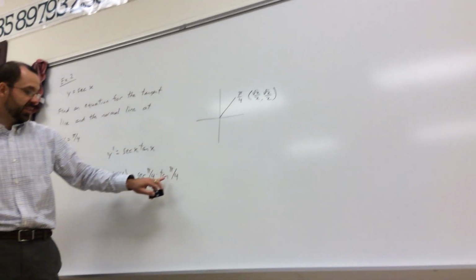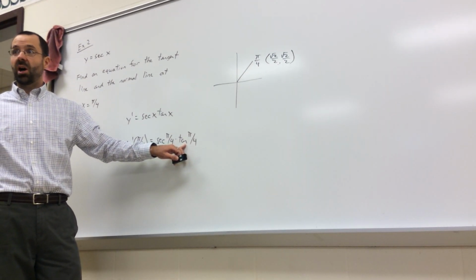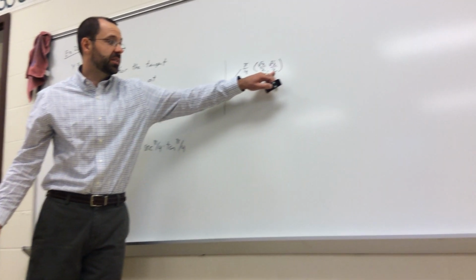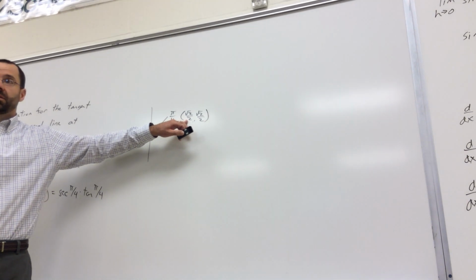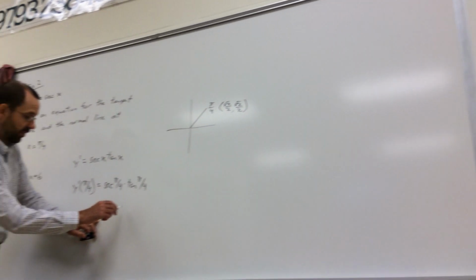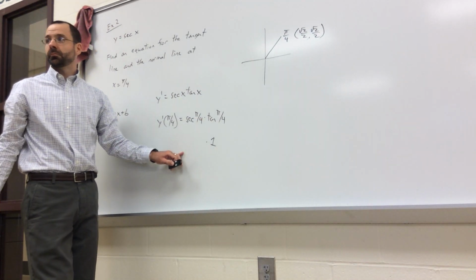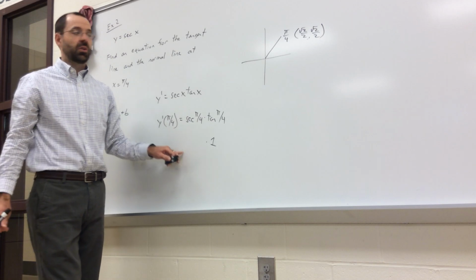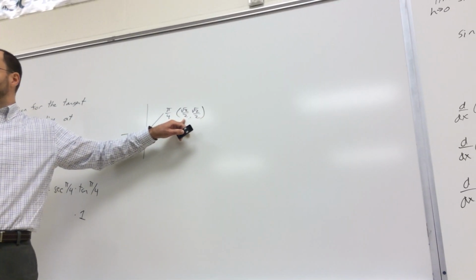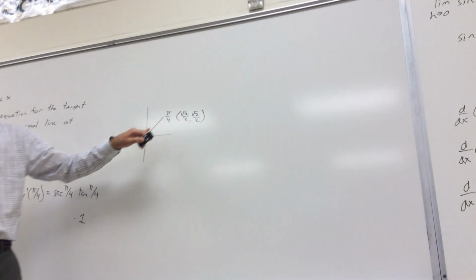Now we've got to figure out the tangent of pi over 4. Tangent is the y value over the x value, so it's this divided by that. Of course that's going to come out to 1. So tangent of pi over 4 is 1. I had to know that pi over 4 was this, and then I also had to know that tangent was this divided by that.